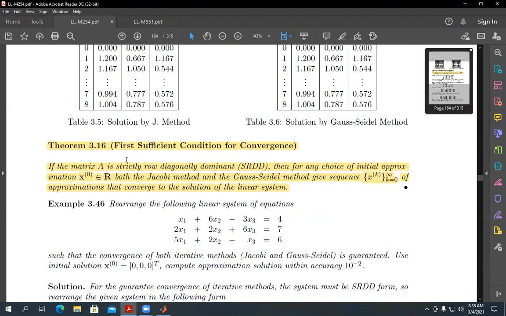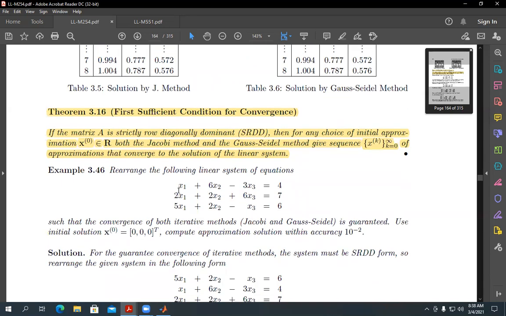So the condition for convergence is what? If your system is STD, meaning the coefficient matrix of that system is STD, it is 100% guaranteed the method will converge. Now I give this example.